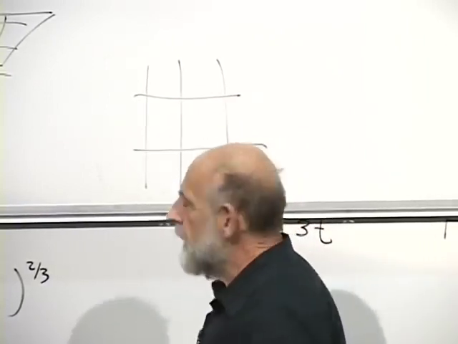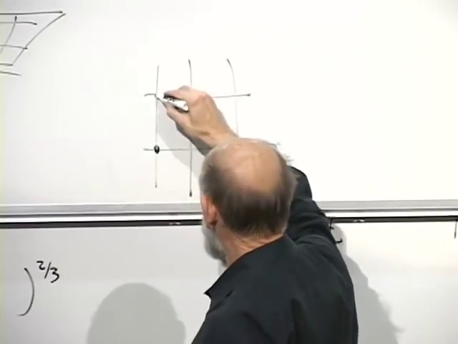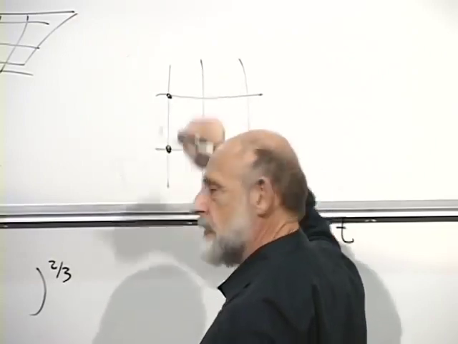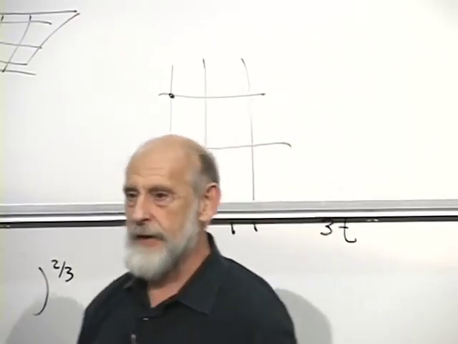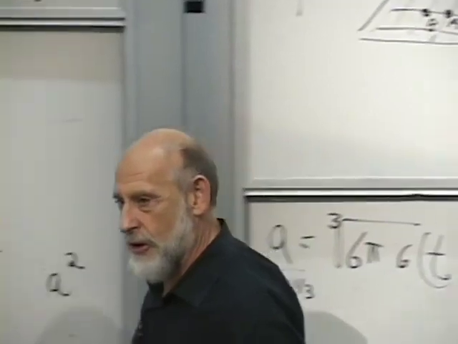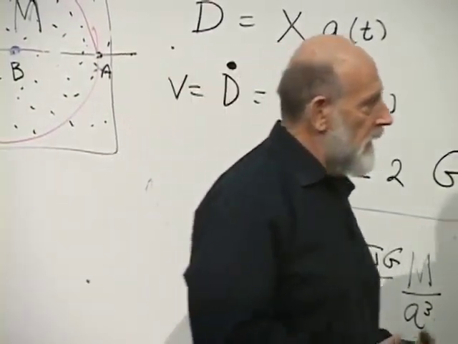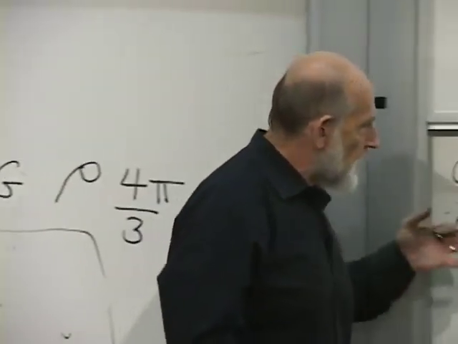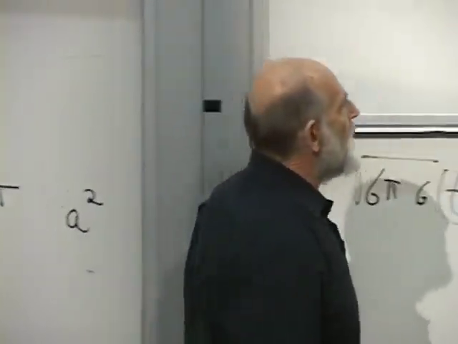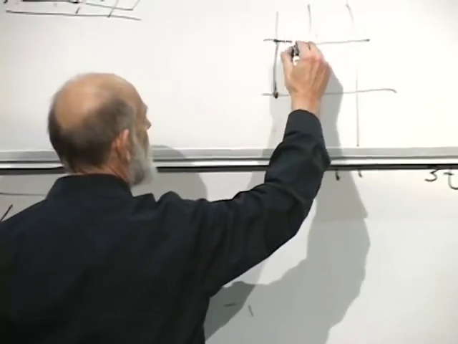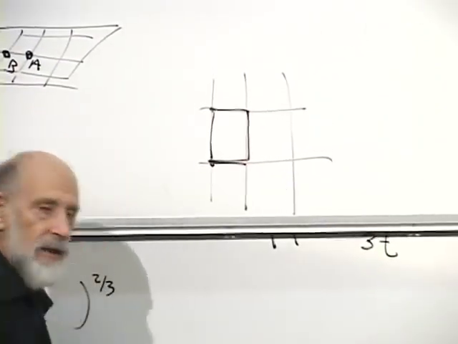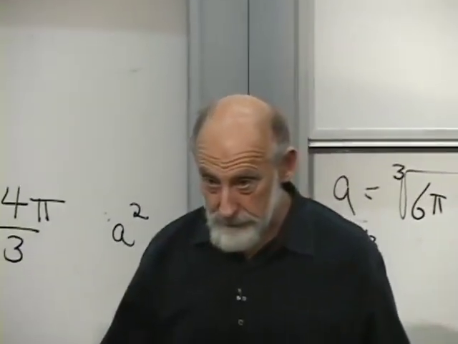I could have taken this box to be the distance from us to Andromeda. I could have taken it to be the distance from us to the Coma cluster, or whatever. The equations are always the same, but the amount of matter within a box depends on which box I choose.